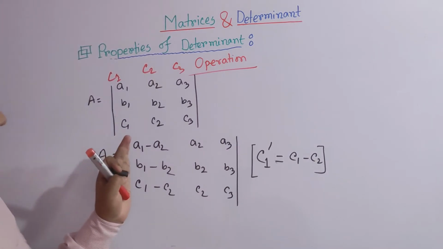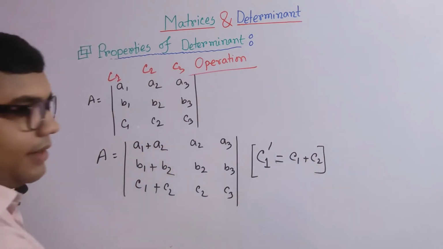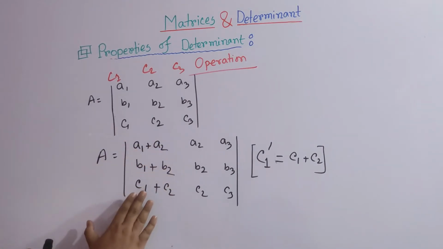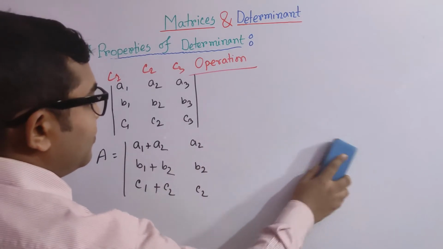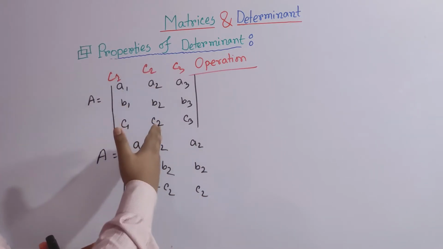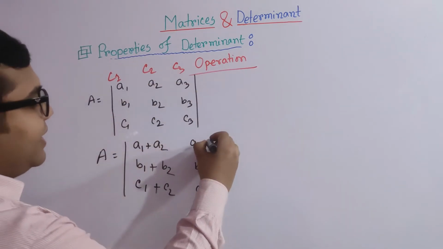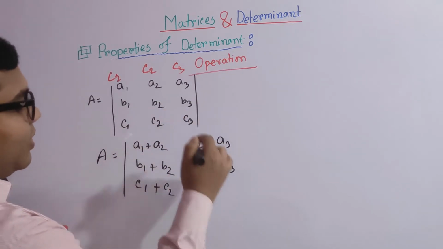Clear? If we were adding these two instead, it would be addition. Similarly, say we work on column 2 as well as column 1: the first column is added with the second, and the second column is subtracted from the third, so we write A2 minus A3, B2 minus B3, C2 minus C3.